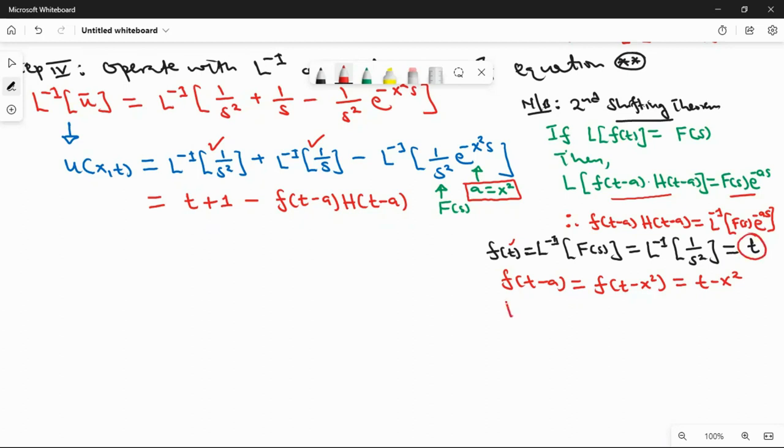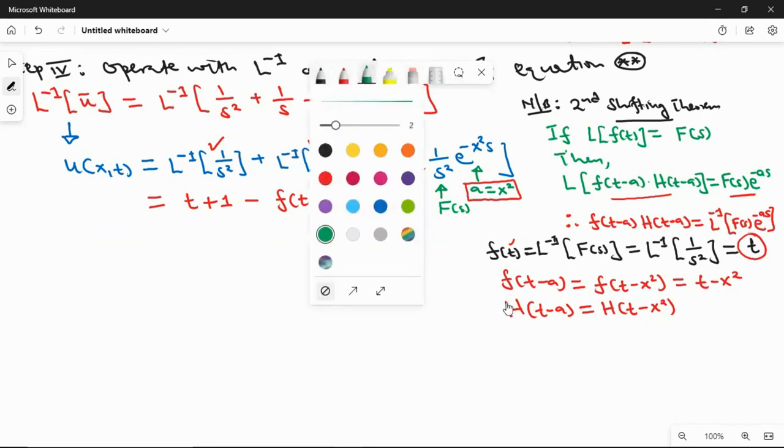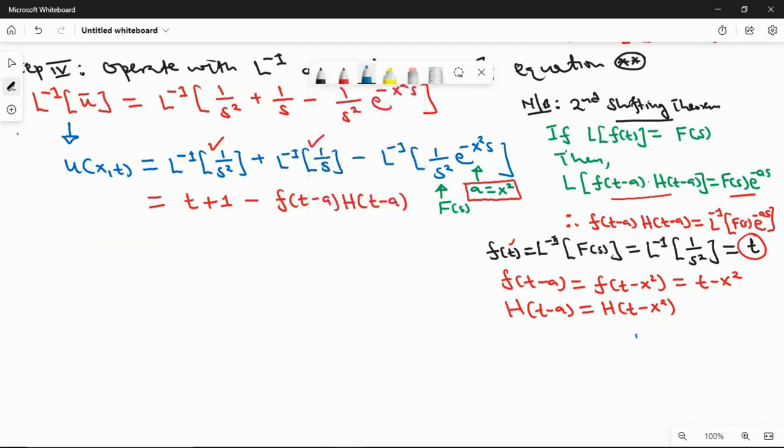What about h of t minus a? H of t minus a is the same as h of t minus x squared. It is the Heaviside function. You know what we mean by Heaviside function. Let me draw it here. This Heaviside function will look like this. The t-axis, the h-axis.